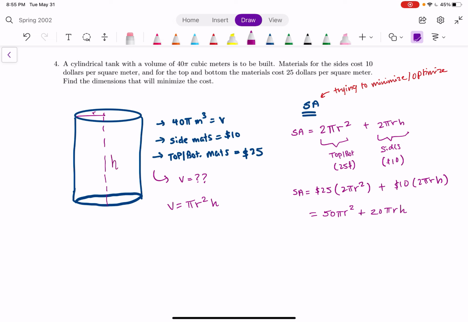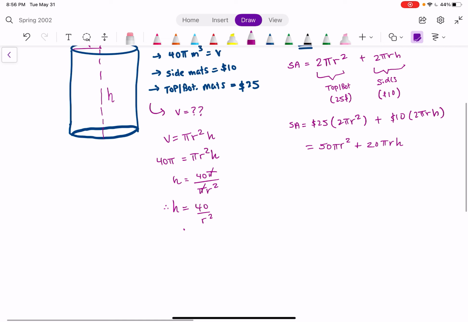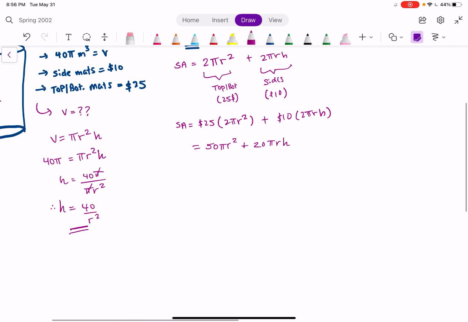So we know that 40 pi meters cubed equals pi r squared h. That means we can put h in terms of r. So h equals 40 pi over pi r squared, and the pi's cancel out, so we're left with h equals 40 over r squared. We'll keep that in mind for now and move on to this.